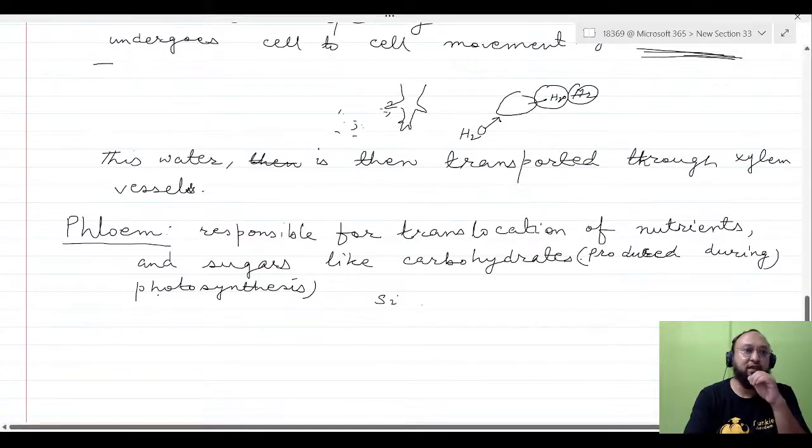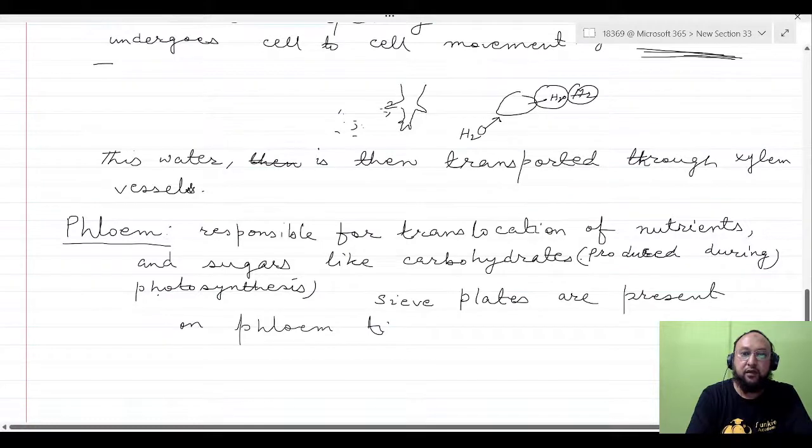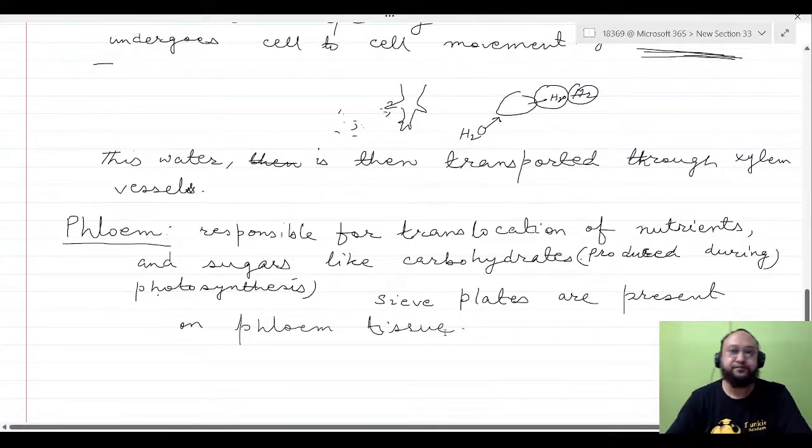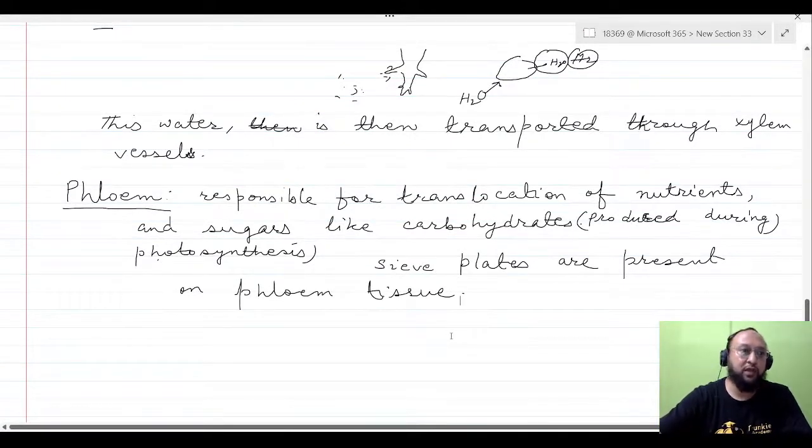The holes on the surface of the phloem are called sieve plates. Sieve plates are present on phloem tissue. Okay, so this was about your xylem and phloem, and their involvement.